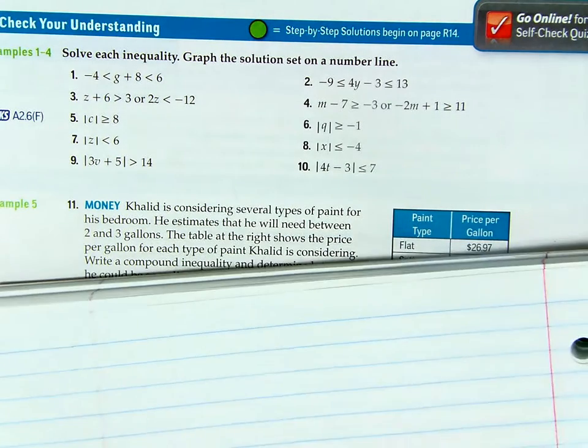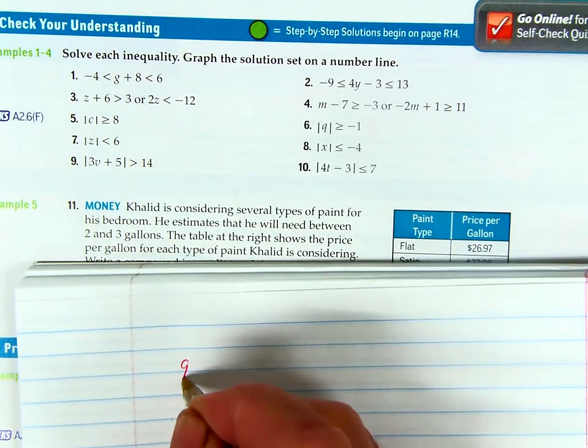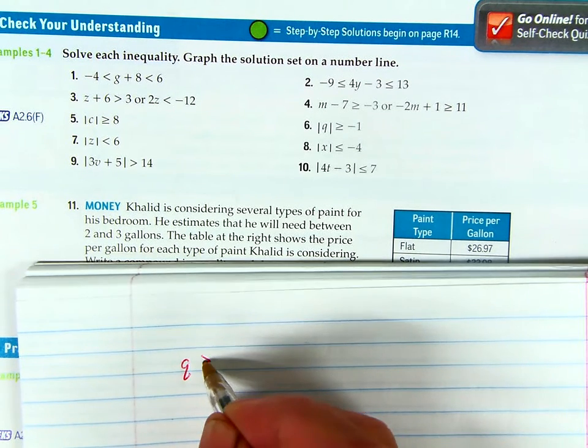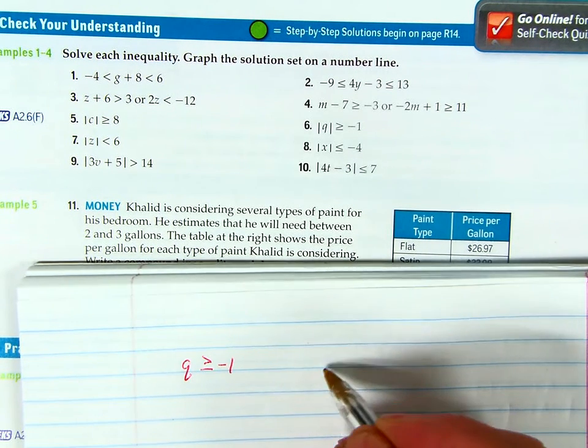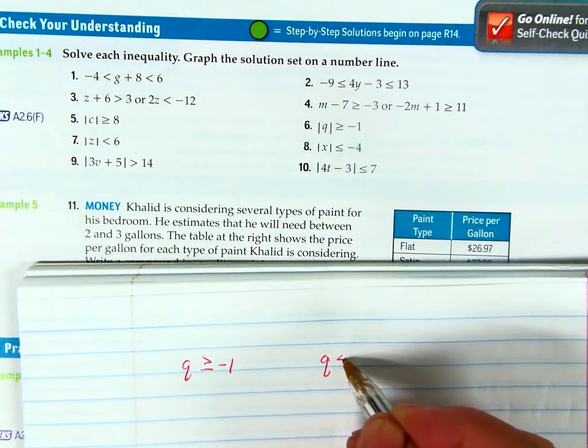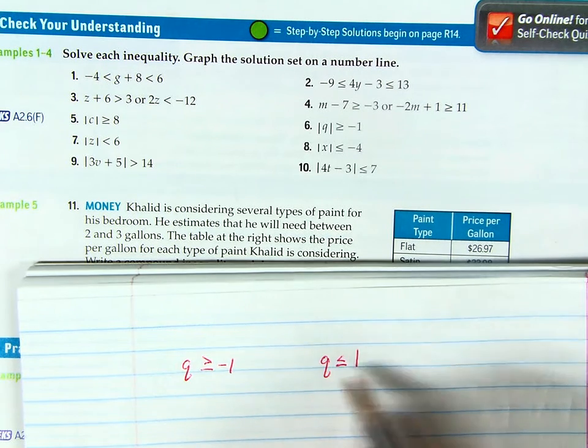For number 6 on your paper, you would have had Q greater than or equal to negative 1 and Q less than or equal to positive 1.